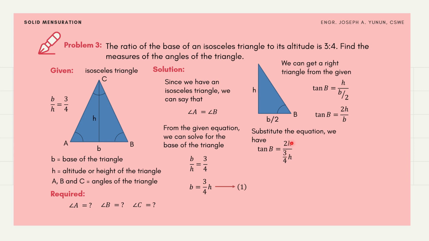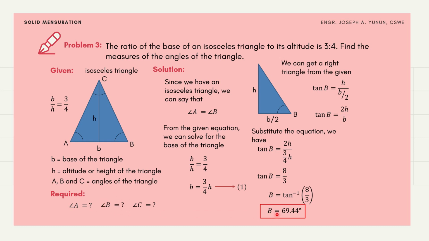Now h divided by h gives us 1, so you can simplify this equation to get 8 over 3. Then dividing both sides by tangent, B will be equal to the arctangent of 8 over 3. Simplifying that using your scientific calculator, you'll get an angle of 69.44 degrees. And that is one of the angles, so no unknown here.